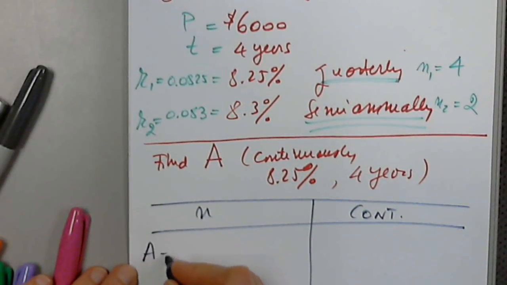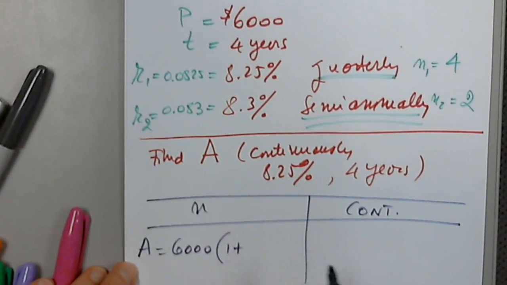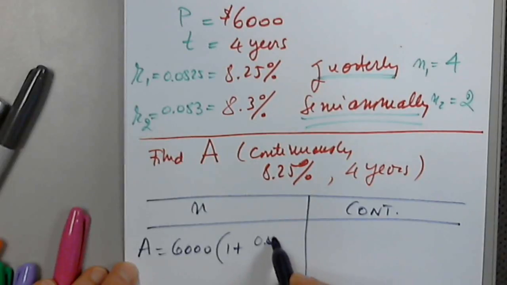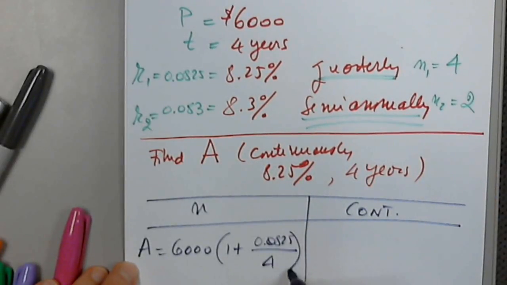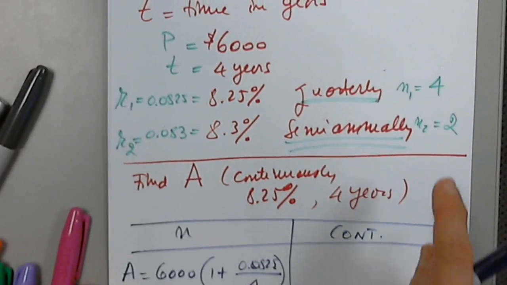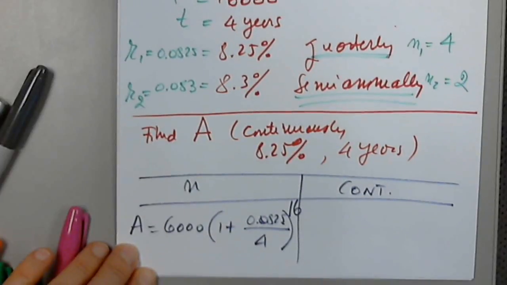For the formula with N, I will write 6,000 in parentheses 1 plus 0.0825 over 4. And the power will be 4 times 4. I'm going to write directly 16.